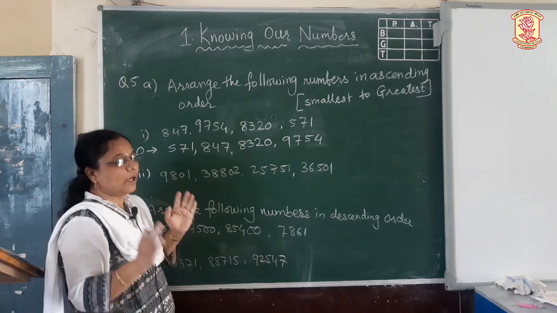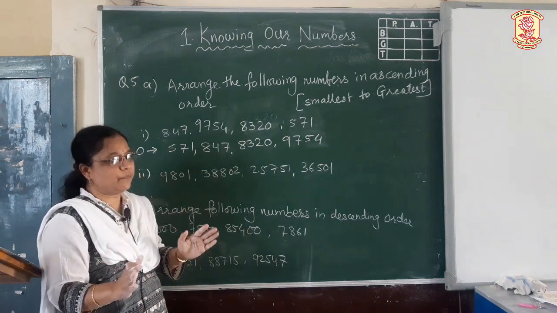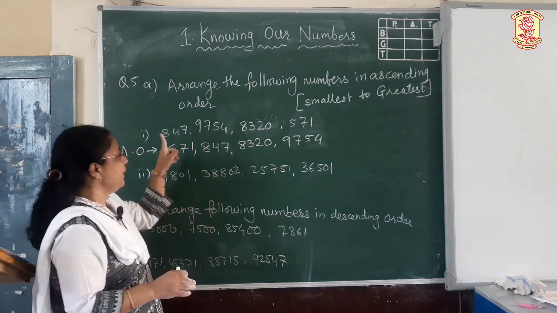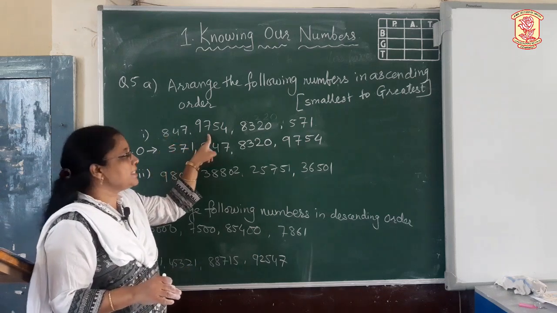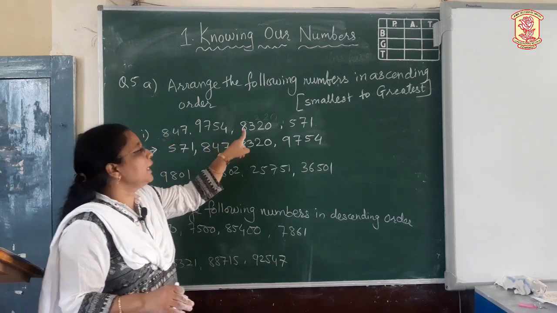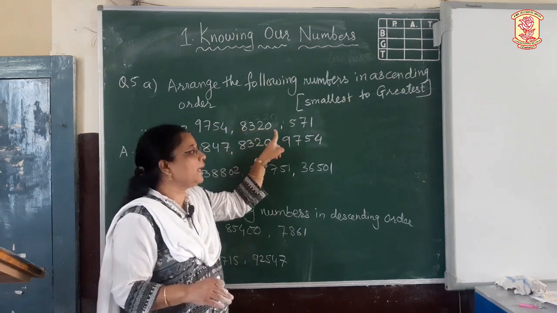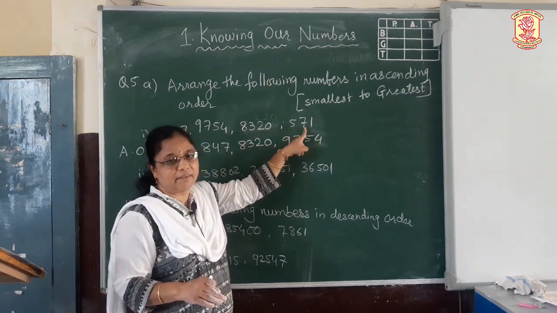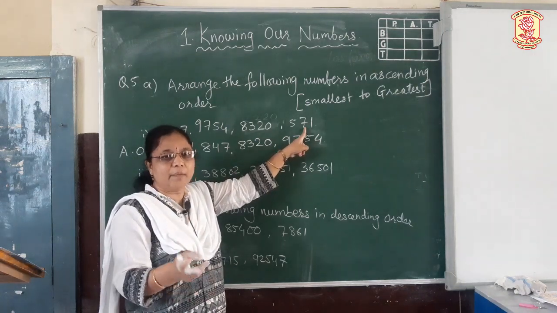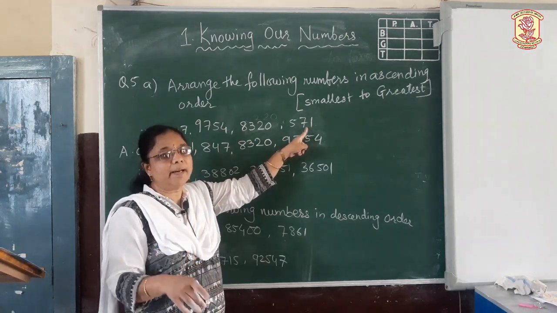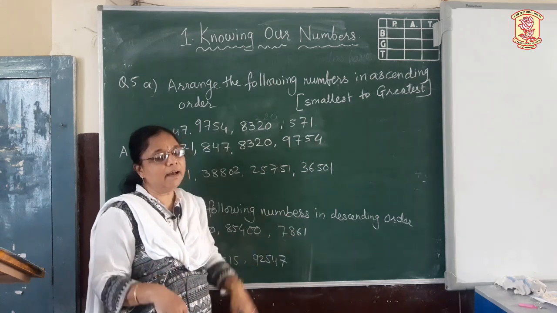We have counted the number of digits in the given numbers. In this number 3 digits are given, in this number 4 digits, in this number again 4 digits, and here 3 digits are given. Now the number which has fewer digits is smaller, and the number having more digits is greater.